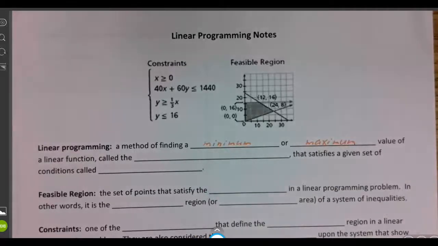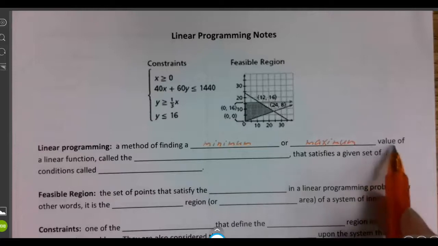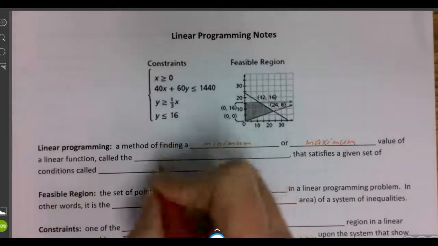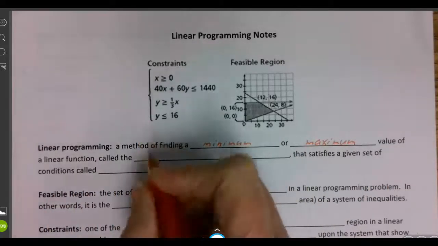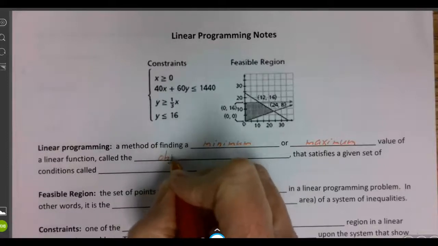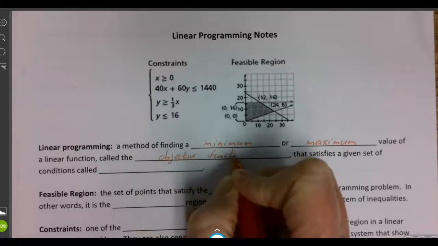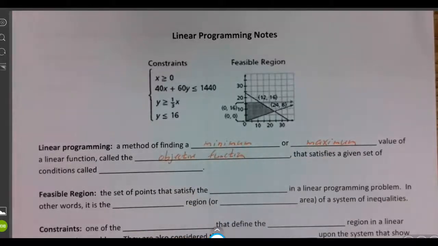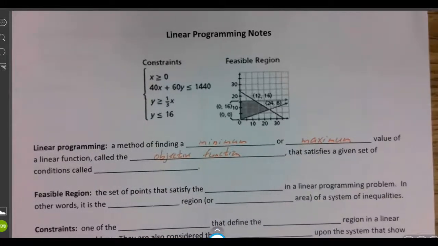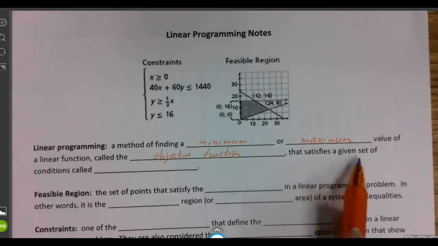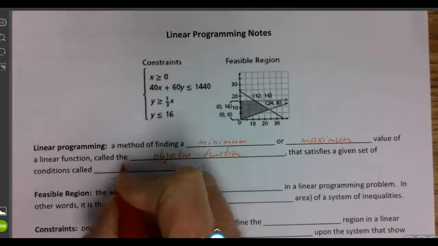Minimum is the lowest amount of cost in order to produce an item. The value of a linear program is called the objective function. So this is what we're trying to figure out. This function is going to be the profit, or it's going to be the minimum, like to keep costs down, that satisfies a given set of conditions called constraints.